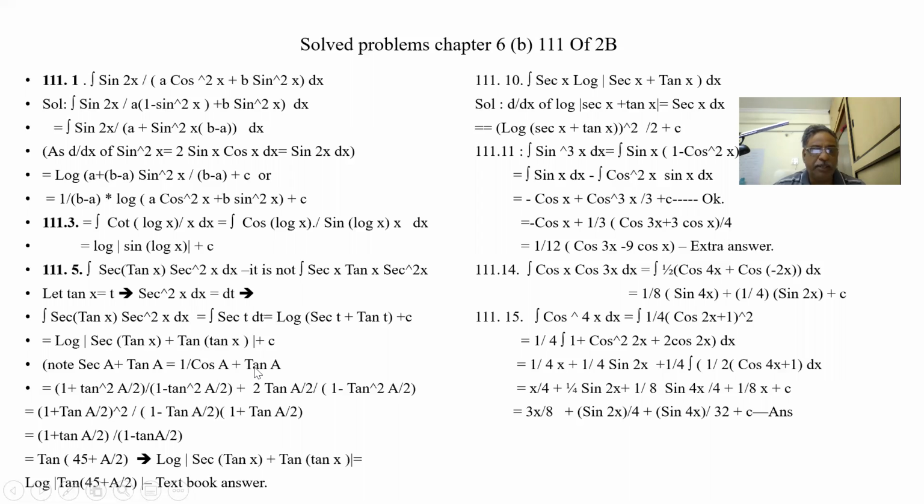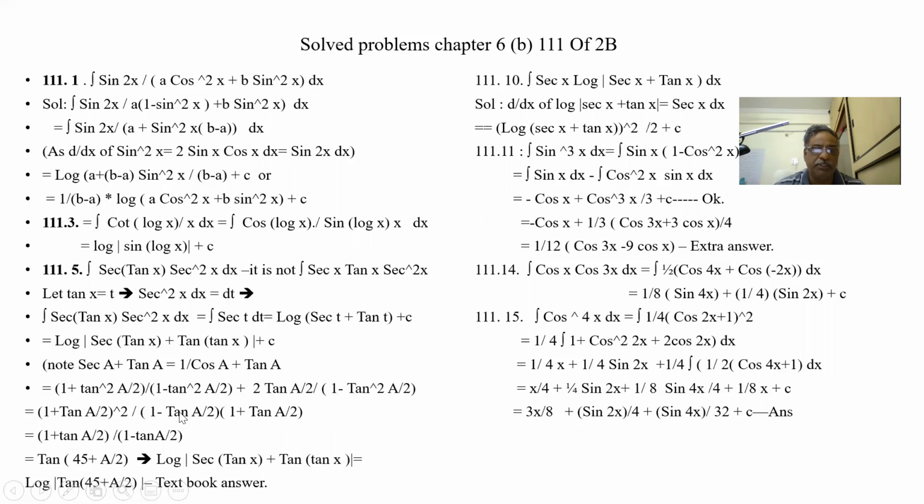Tan a can be written as 1 by cos a, can be written as 1 minus tan square a by 2 by 1 plus tan square a by 2. This is a half angle. Cos theta is 1 minus tan square theta by 2 by 1 plus tan square theta by 2, and tan theta is 2 tan theta by 2 by 1 minus tan square theta by 2. So here the common denominator is 1 minus tan square theta by 2. The top is 1 plus tan theta by 2 whole square.